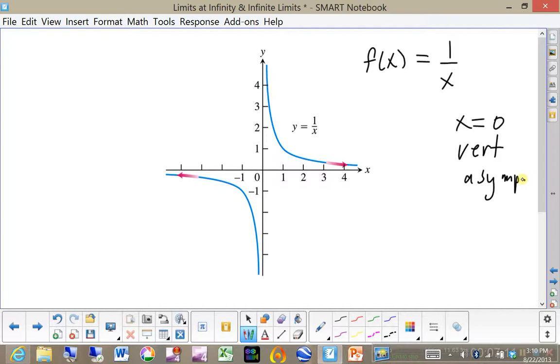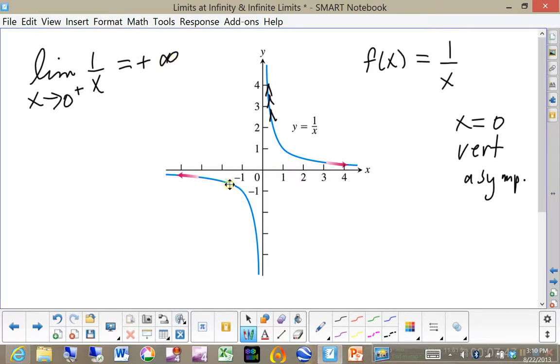And so the line x equals 0 is a vertical asymptote, and you can see that as you approach x equals 0, the limit of 1 over x as x approaches 0 from the right goes to plus infinity.